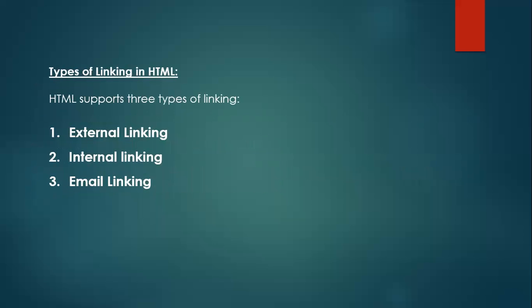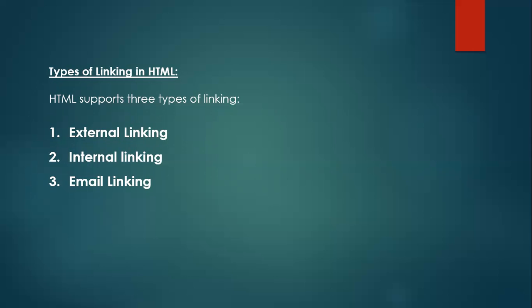Now, as we are discussing the linking of web pages, and we are familiar that for linking we can use the anchor tag A, what types of linking are available in HTML? So, dear students, HTML supports three types of linking.